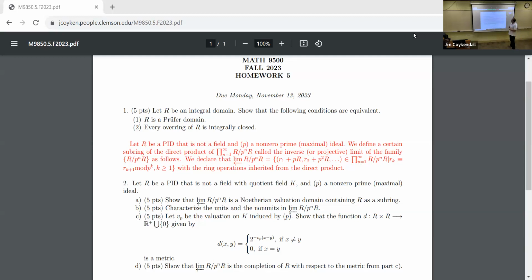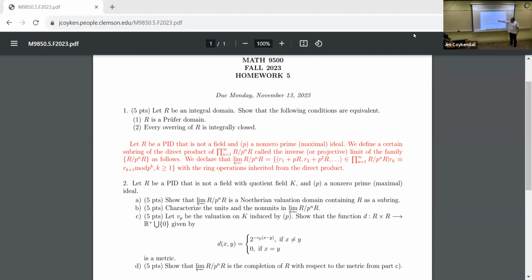However, what we're going to do is take a particular subring of this direct product. This is called the inverse limit of R mod P to the n. I'm going to take these cosets, r1 plus PR, r2 plus P squared R, but I don't have complete freedom on the cosets.